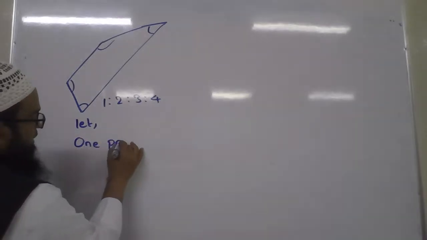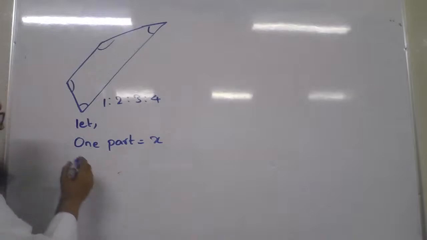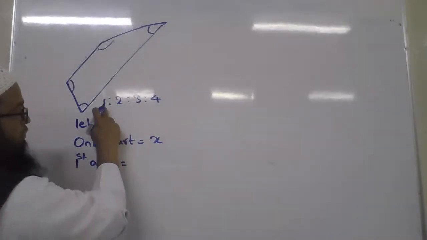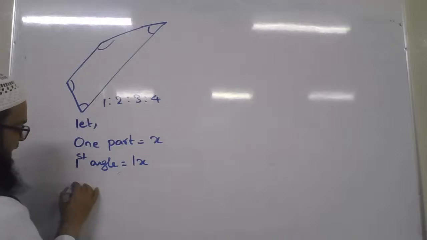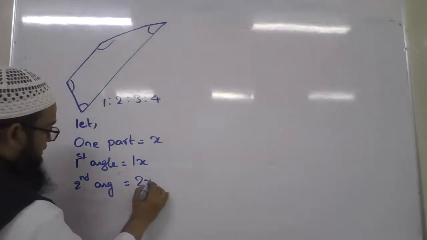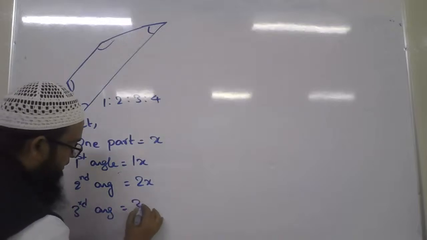Let one part be equal to x. And what is the first angle? 1x. The second angle is equal to 2x. Third angle, 3x.